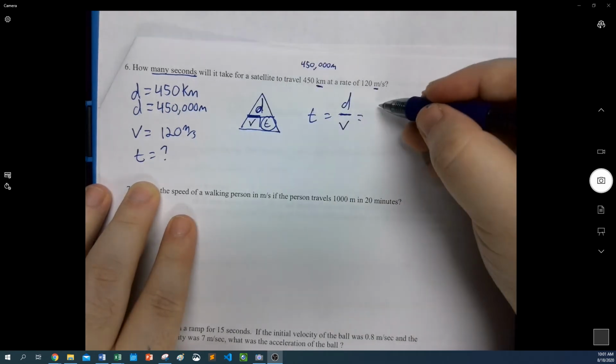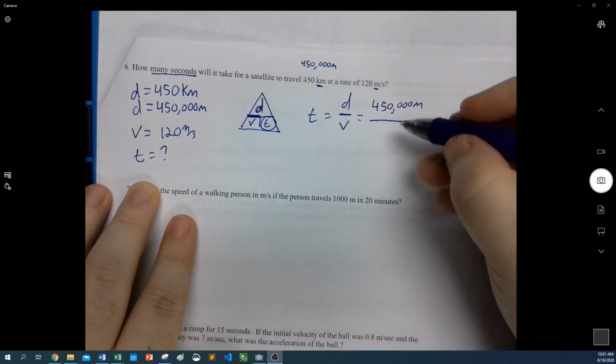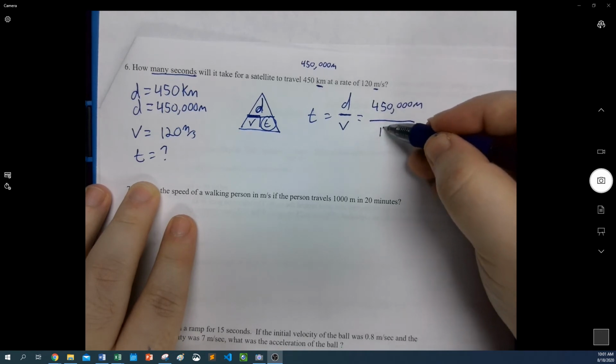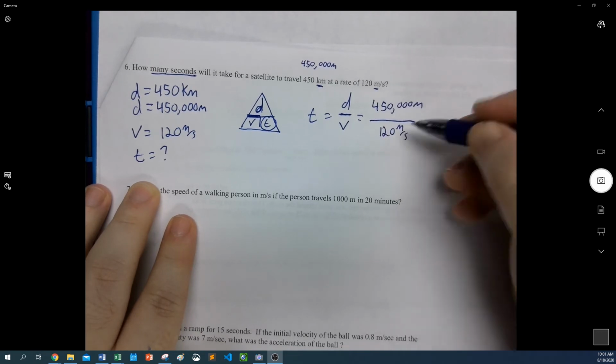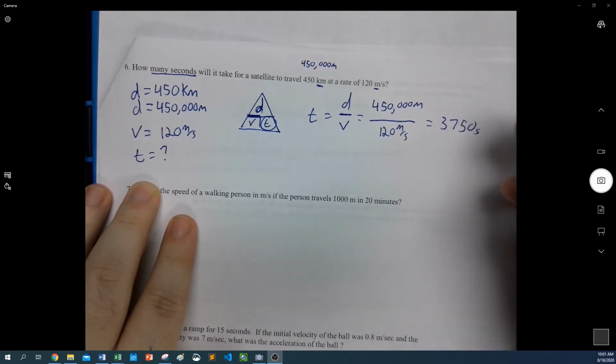Plug in our numbers. Our distance was 450,000 meters divided by 120 meters per second. That gives you an answer of 3,750 seconds.